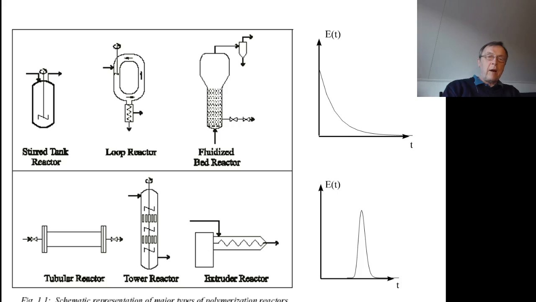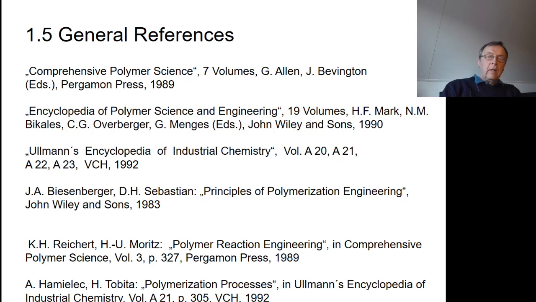So this is optimized for the cooling conditions of such a reactor, while the tubular reactors are more used for the condensation and addition reactions. So this is a very short overview.